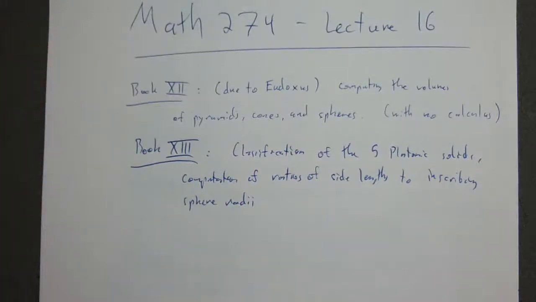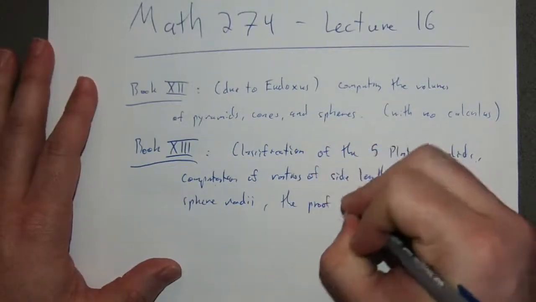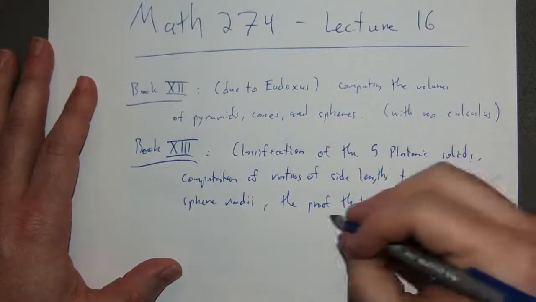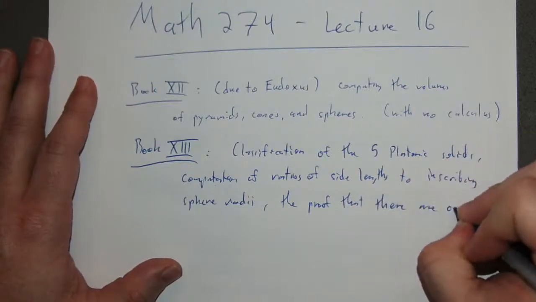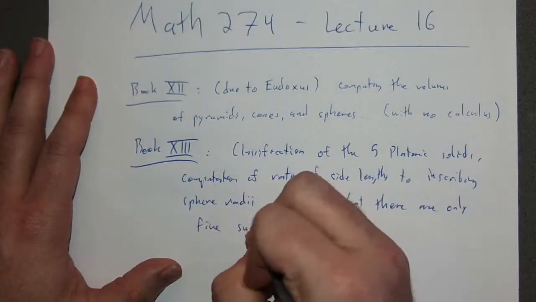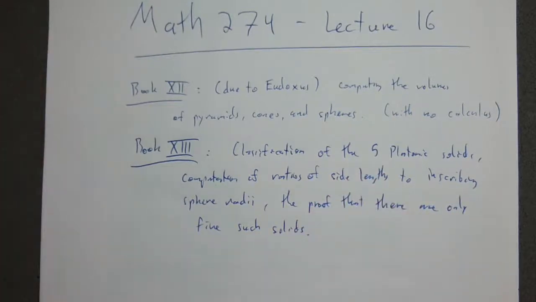This is where these computations in Book 10 come in handy. And then lastly, the proof that there's only 5 of them, which relies on that fact that I mentioned previously. So the proof that there are only 5 such solids. This totally nails down the regular polyhedra.